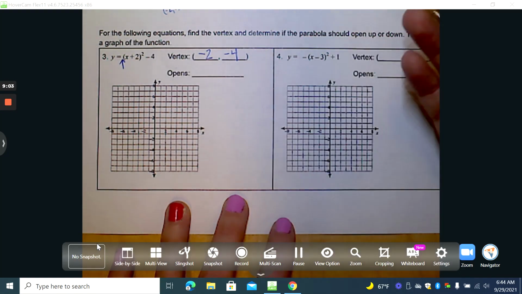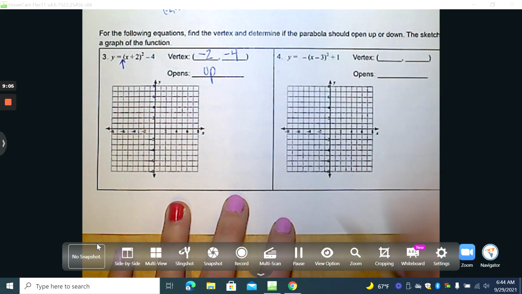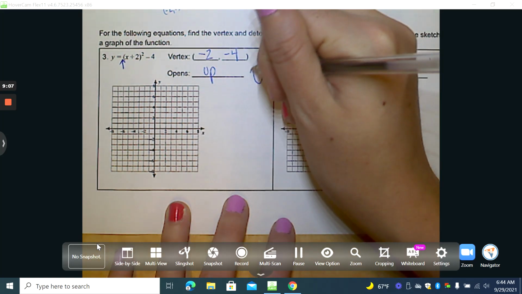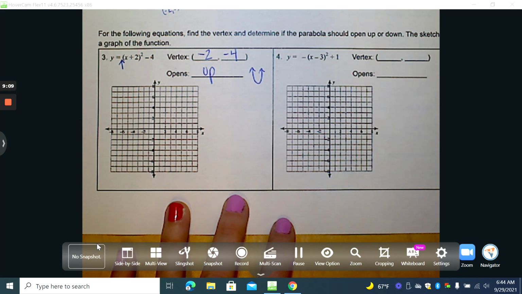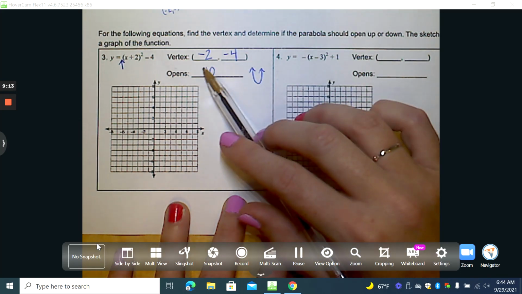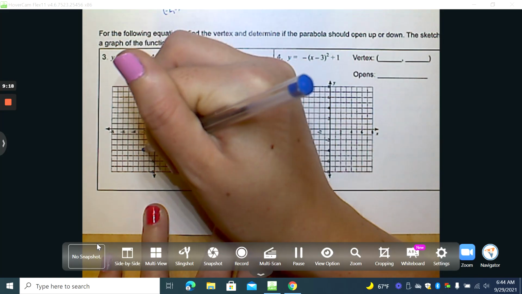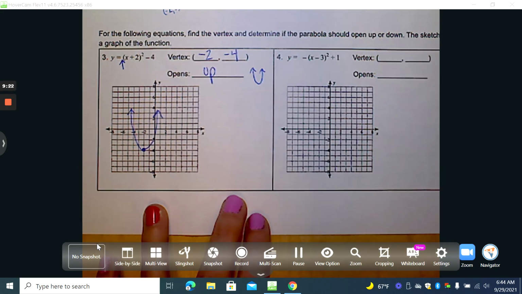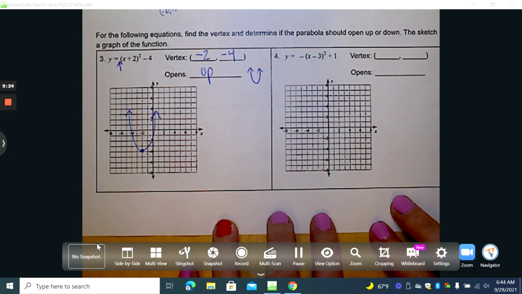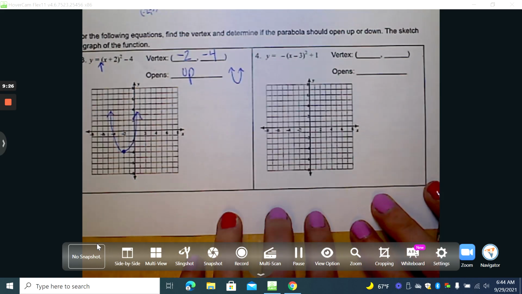If it doesn't have a negative, it opens up. It's going to be a normal U shape. It's only when there's a negative in front where I flip it around. So let's go ahead and graph that point, negative 2, negative 4. And draw just a nice little sketch of a U opening up. Nothing fancy. I don't need anything more than that. Just a nice quick sketch.